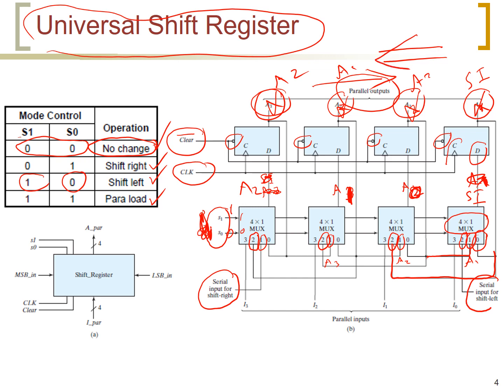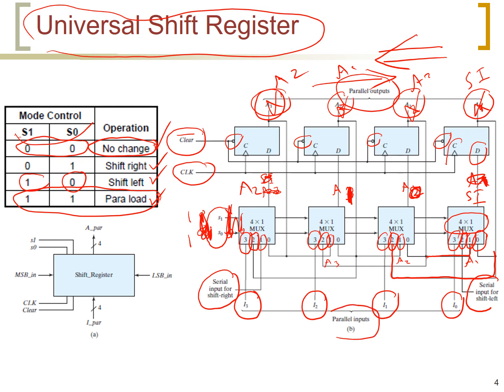Finally, the last operation to this register is the parallel load, and this happens when S1 S0 is 1, 1. Therefore, when these are 1 and 1, input 3 of each multiplexer will be passed to its output. Now, at input 3, we connect I0 to the first multiplexer, and then I1 to the second multiplexer, and I2 and I3, and we call these parallel inputs.